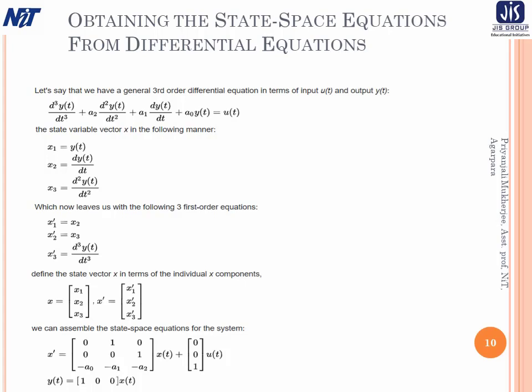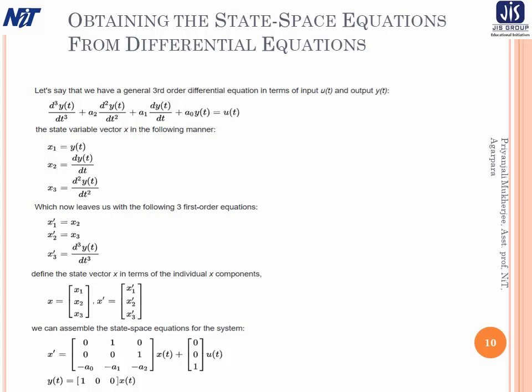Now we can use the three first order equations in this form. Thus x1 dash equal to x2, x2 dash is equal to x3, and x3 dash is equal to d3y by dt cube. And this d3y by dt cube can be written as u(t) minus a0 y(t) minus a1 dy/dt, which is actually x2, and minus a2 into d square y by dt square.